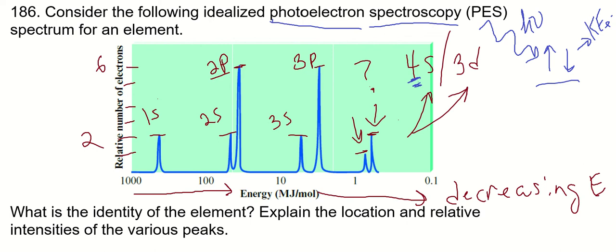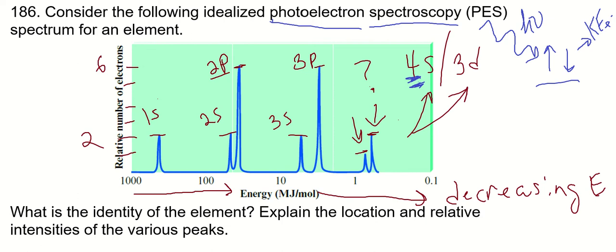You fill following Aufbau, which says you fill 4s before 3d. But when you remove, you don't just go backwards. You don't remove 3d first and then the 4s. The highest n gets removed first. They get filled there first, and then they get removed first.